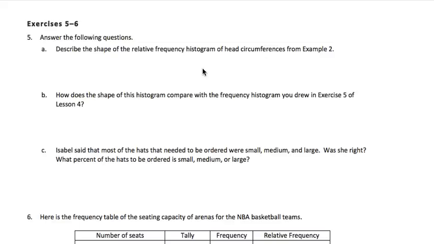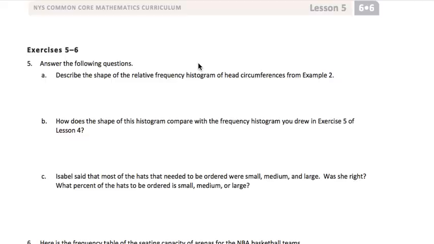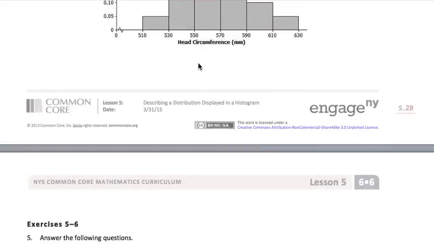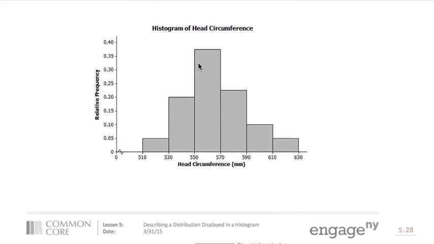Next, we'll evaluate the histogram in terms of patterns. To describe the shape of our relative frequency histogram, we want to remember that we were looking at whether it was symmetrical or whether it skewed left or skewed right. So when we look at this histogram, it appears to be relatively symmetrical.